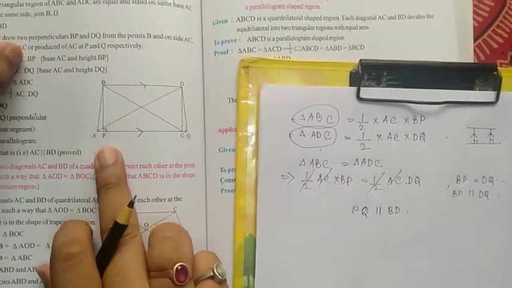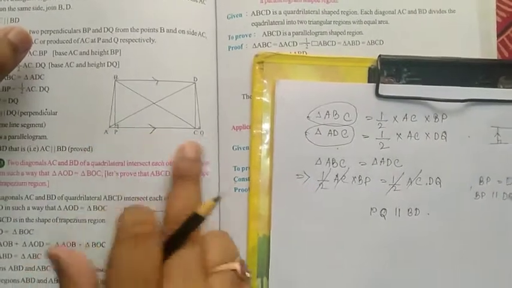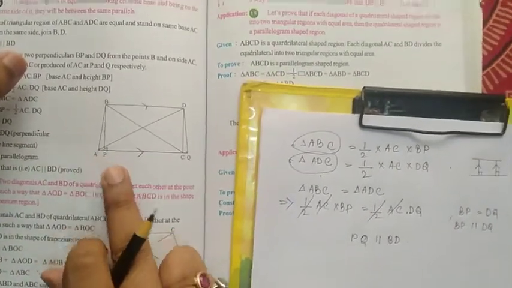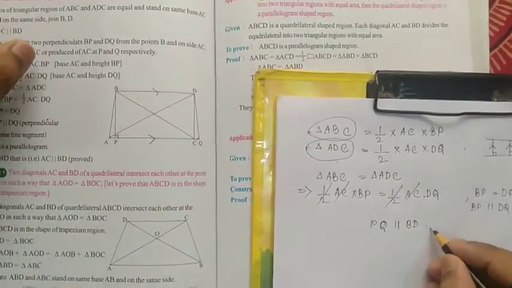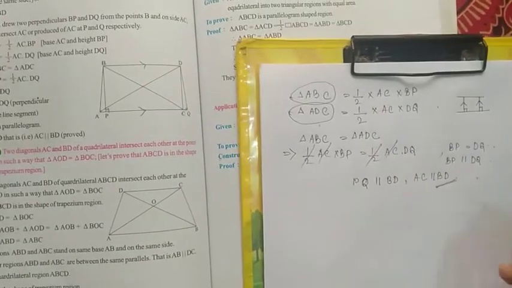Now PQ and AC both are lying on the same straight line. So therefore we can say that AC is parallel to BD. So therefore this theorem is proved.